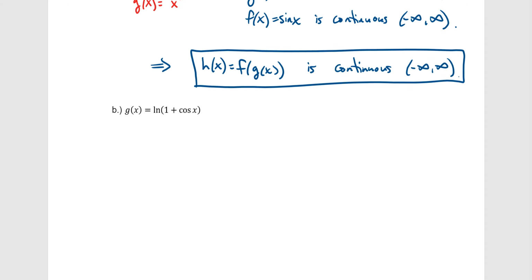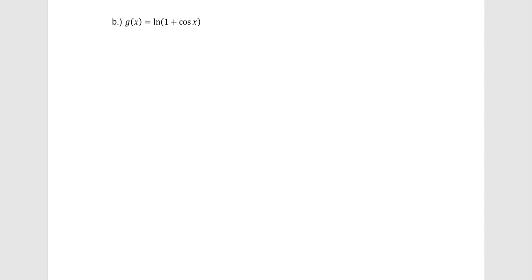Okay, and then the next one. I'm going to name this one h of x again, just so I don't have two g of x's. Our outer function here is the natural log function, and our inner function is 1 plus cosine x.